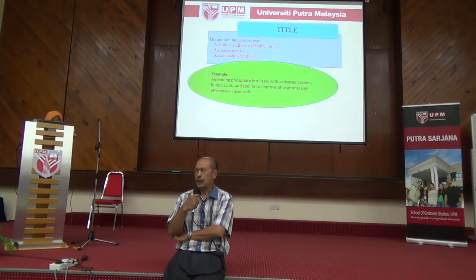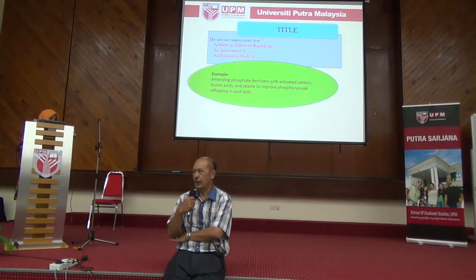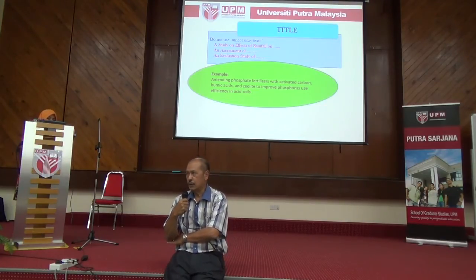Number one. It causes a lot of environmental pollution. Number two. Number three, it is not efficient. The phosphorus is fixed in the soil, not taken up by the plant. So we lose in terms of money, we are destroying our environment, and it does not improve the crop.